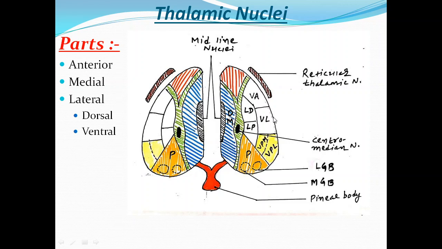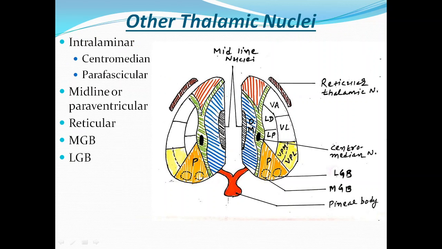In addition to these main thalamic nuclei, other thalamic nuclei are also present. Number one, within the internal medullary lamina, there is a presence of intralaminar nuclei. They are several in number, but the main ones are the centromedian nucleus and parafascicular nuclei.